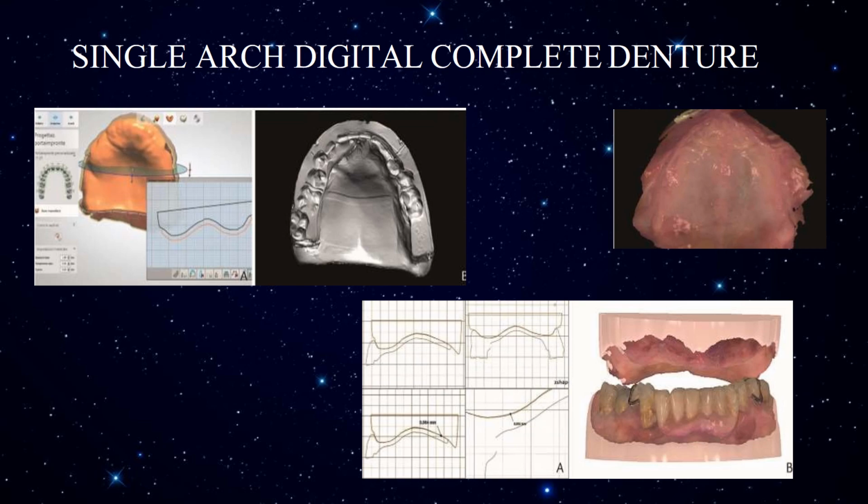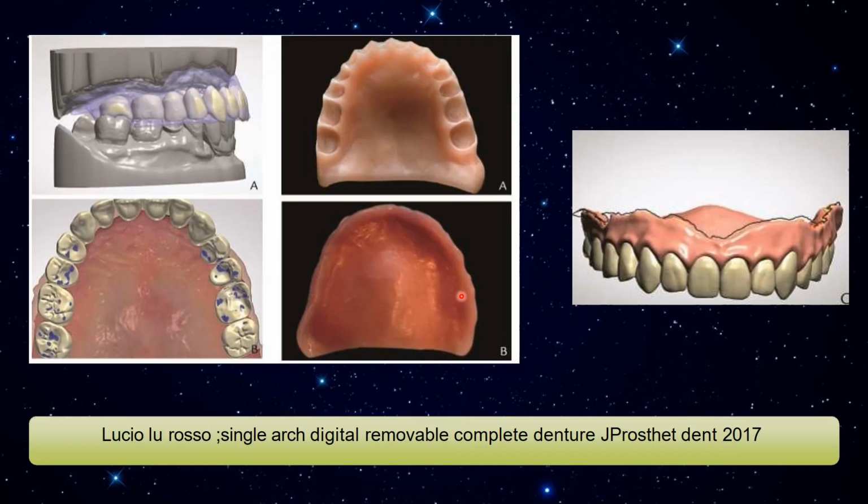This is how a denture base is first milled, and the teeth mold which we had selected from the denture library are then attached with a resin luting cement onto the denture base. So basically the whole denture is not milled; the teeth are milled separately, the denture base is milled separately using the CAD CAM milling unit, and then the teeth and the denture base are glued together using resin cement or flowable resin.